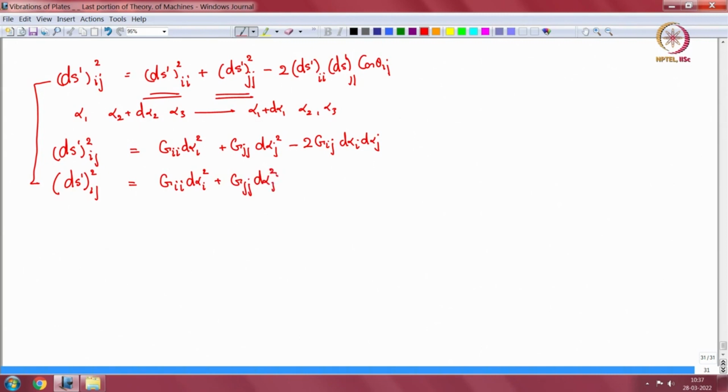Okay, and this quantity is minus twice square root of g I d alpha I, into square root of g j j d alpha j, into cos theta.